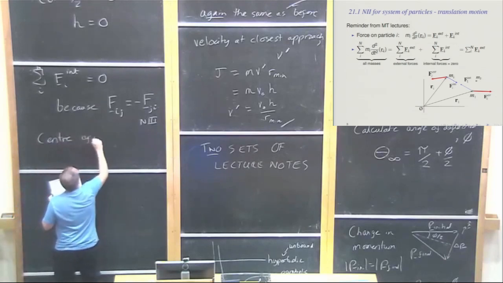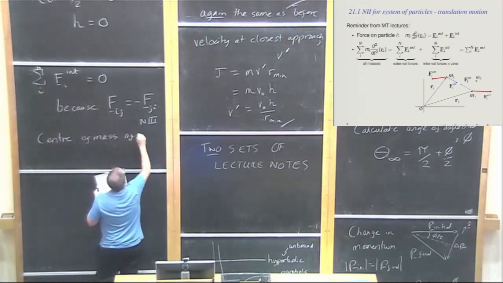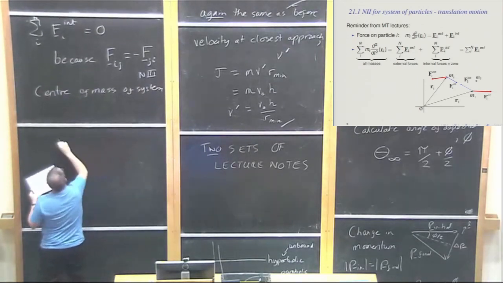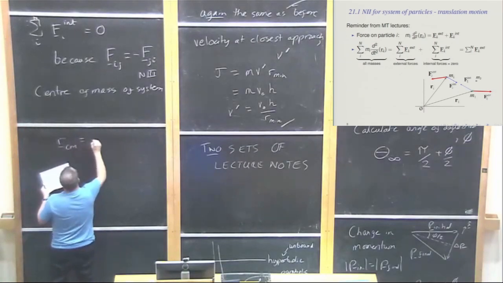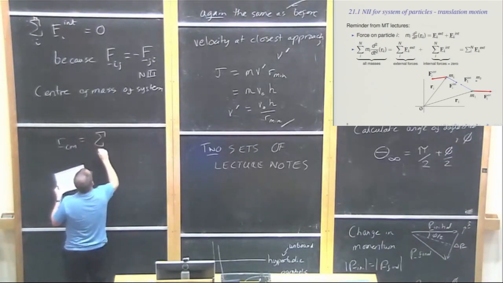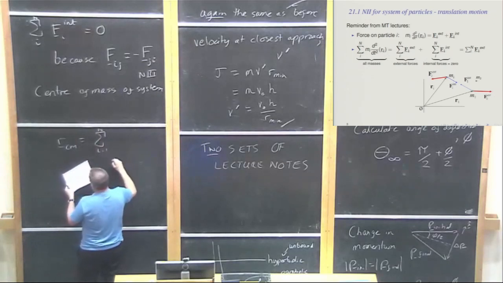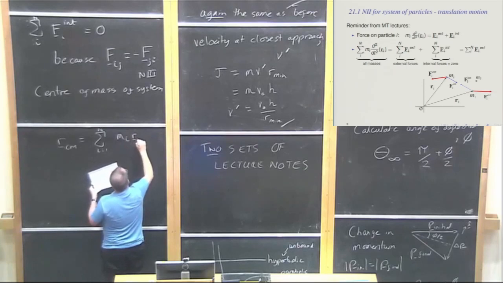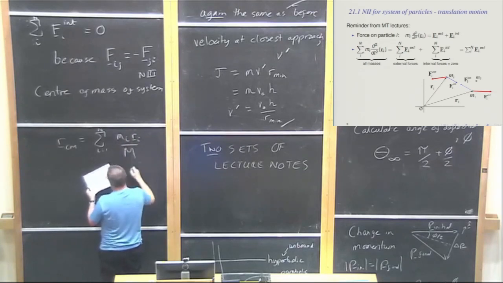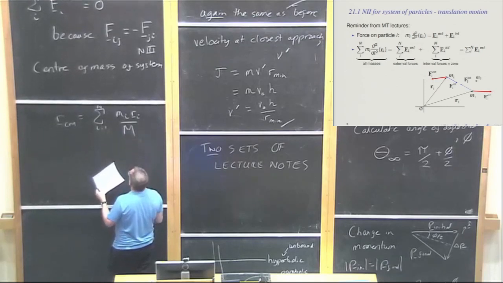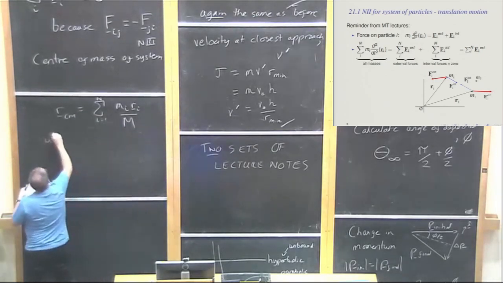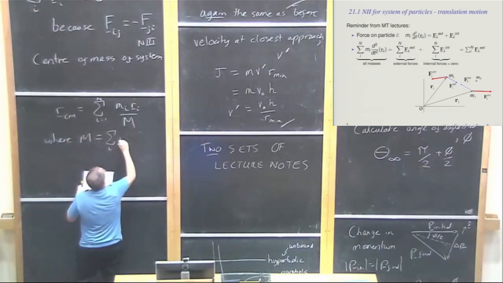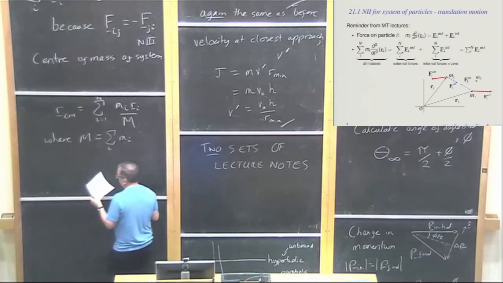The centre of mass of the system is given by R_CM, the sum from i equals 1 to n of m_i times r_i divided by the total mass of everything, where big M is, of course, the sum over the little m_i's.